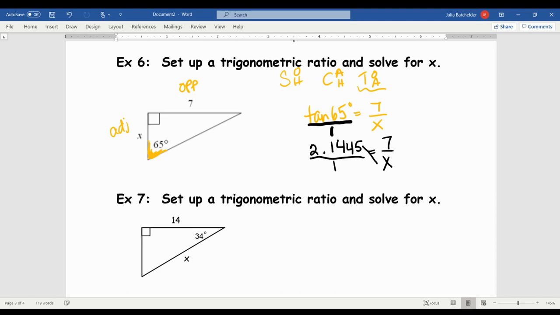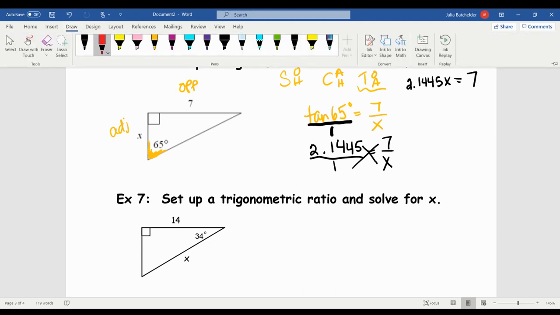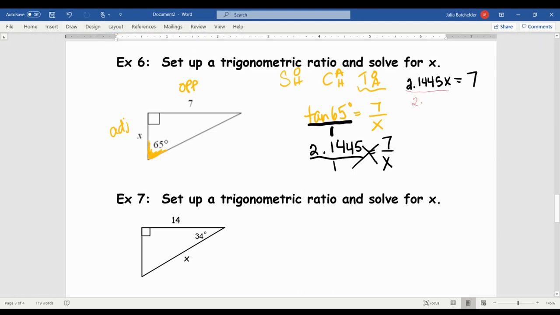And I'm going to go ahead and cross multiply that. That's going to give me 2.1445x is equal to 7 times 1 is 7. And to get x alone, I'm going to divide both sides by 2.1445, and we're going to get x is equal to 7 divided by 2.1445 is 3.26416.